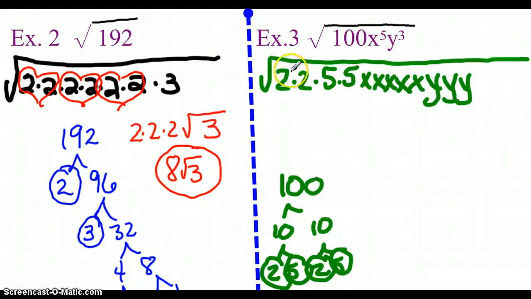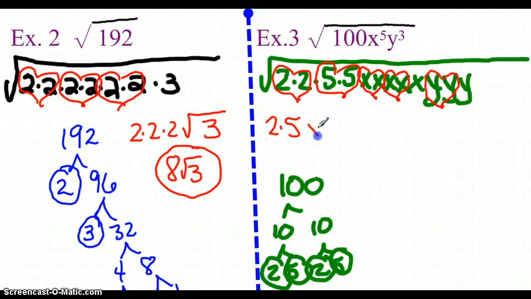Okay, now we're looking for pairings. Here's a pair. Here's a pair. Here's another pair. Here's another pair. So there's a 2, a 5, x, x, and y that have partners, and then x and y that don't.